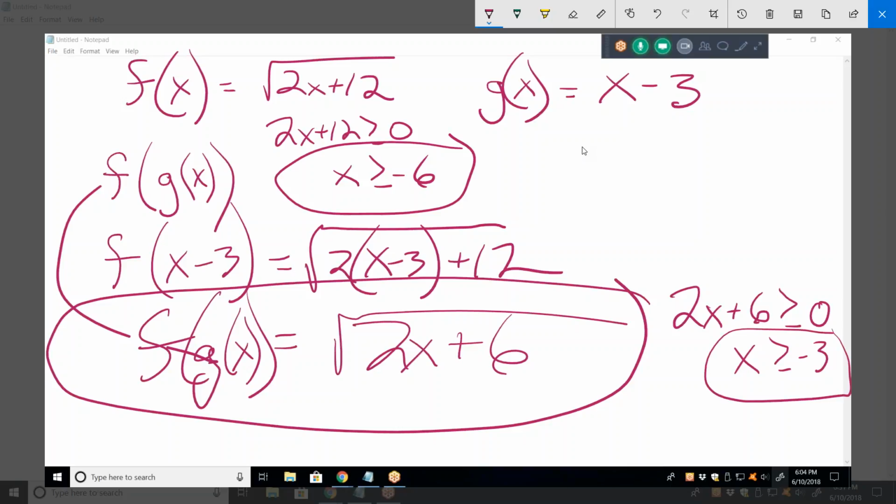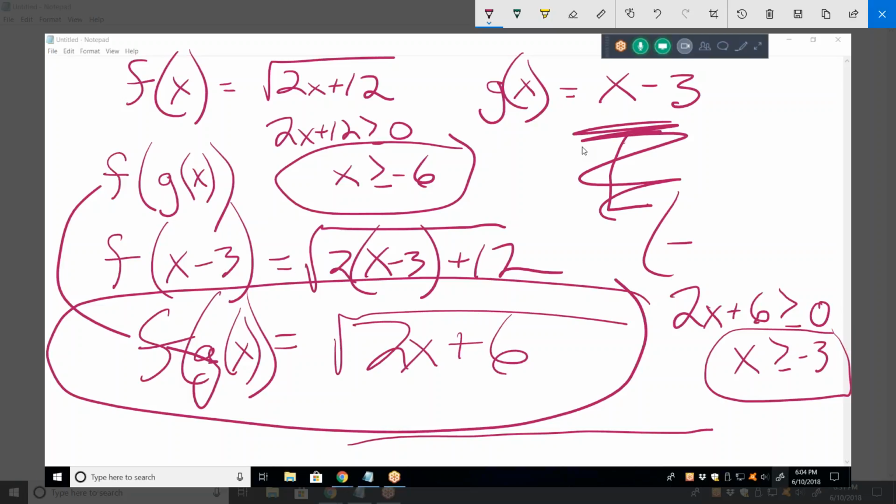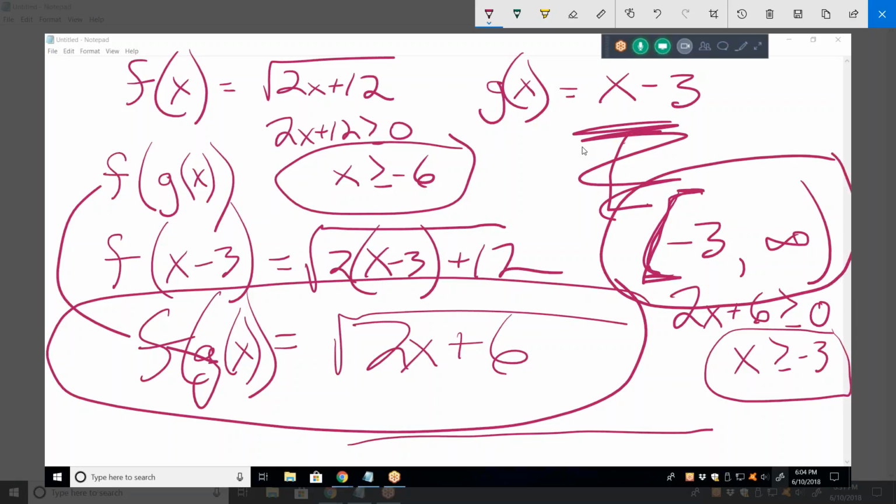In other words, if I'm giving the domain of my final answer, it is negative 3 to infinity, with brackets around the negative 3. That is the domain of our composite function.